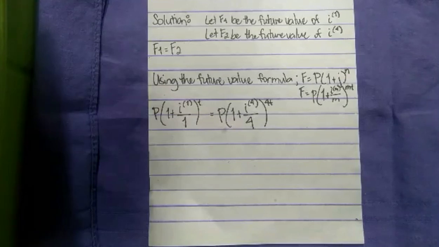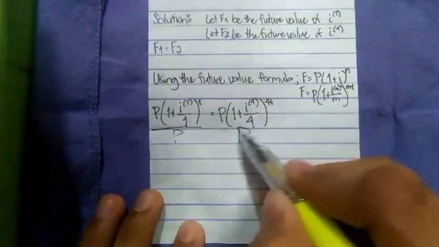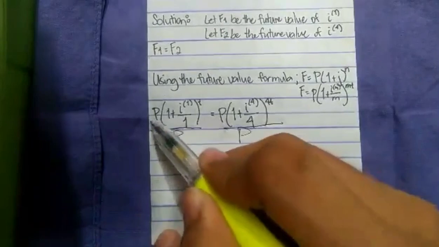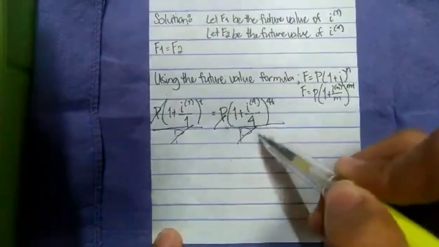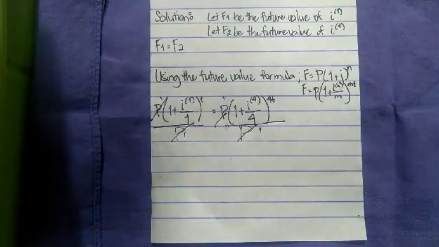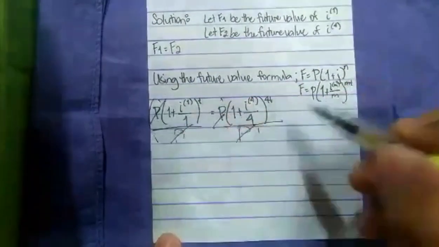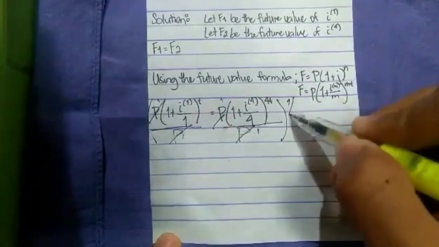So let's start. First, let's divide both sides by P. We can cross them out, which is then equal to 1. And also, we can cross out the t, which is the time, by raising the power to 1 over t.